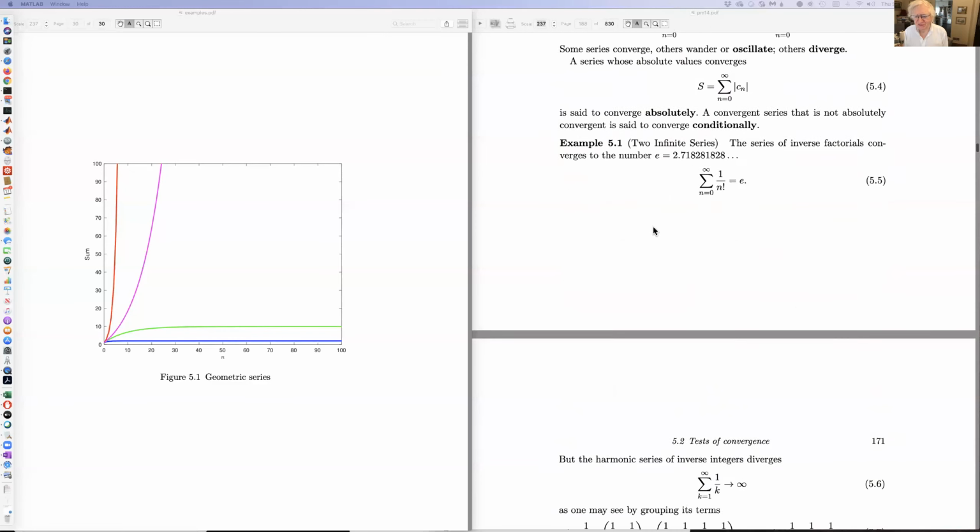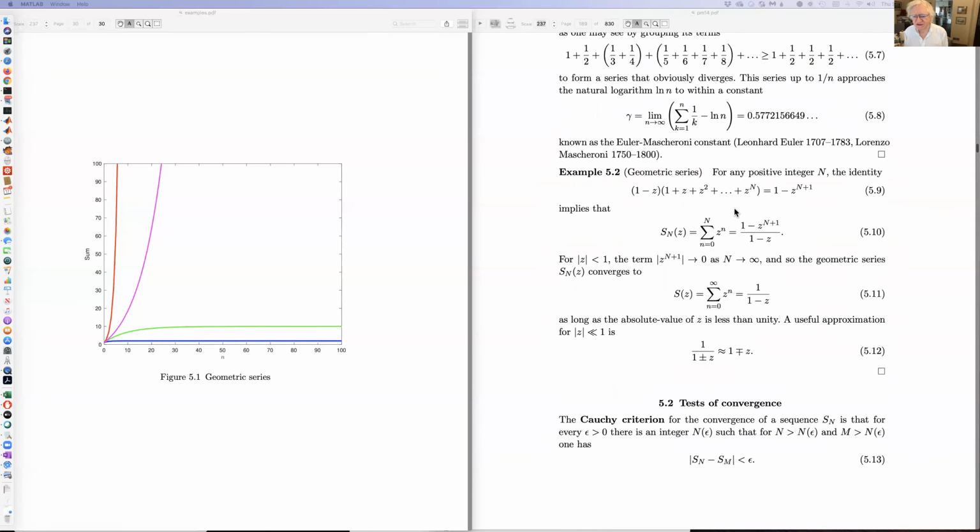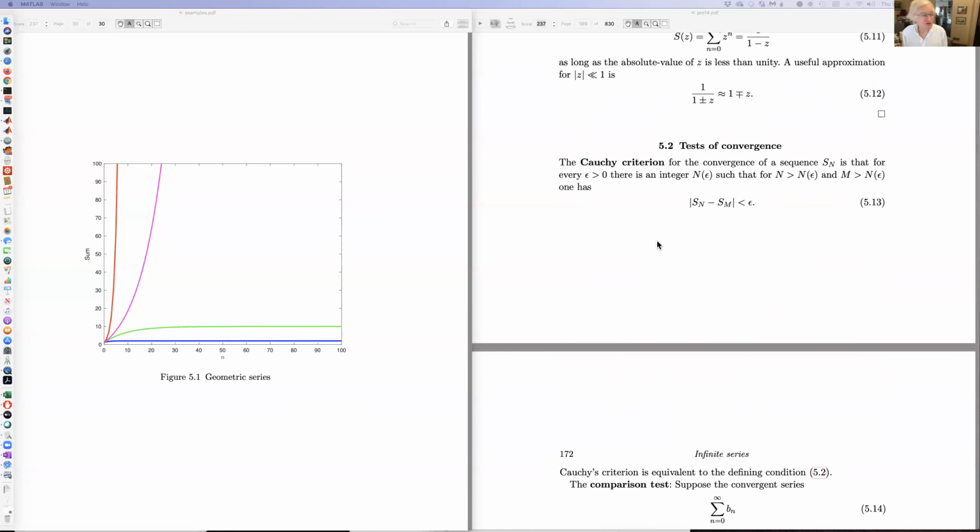So the useful test is Cauchy's, and what he said was the series converges if for every epsilon greater than 0, there's an integer such that for n and m both bigger than that integer, the two partial sums differ by less than epsilon.